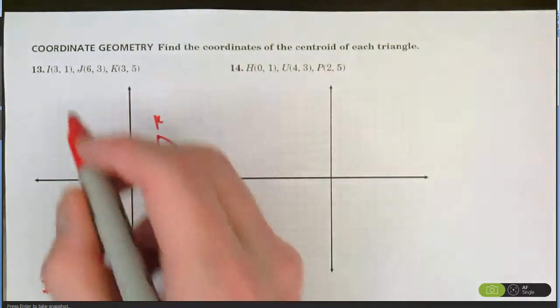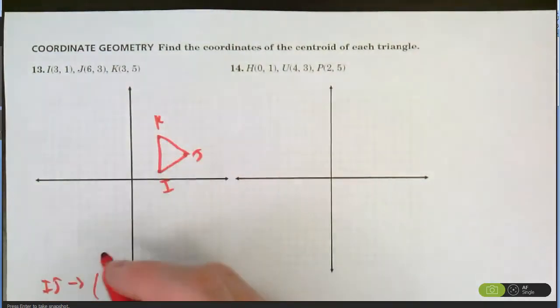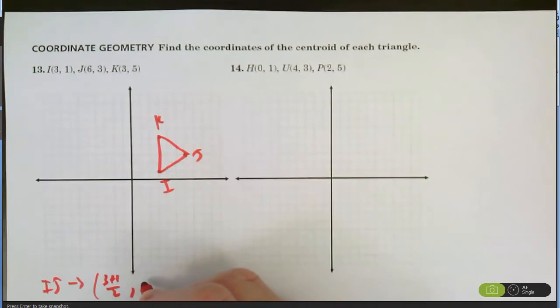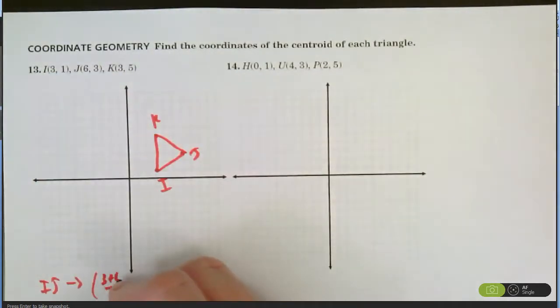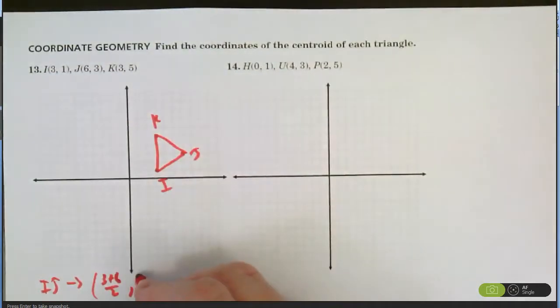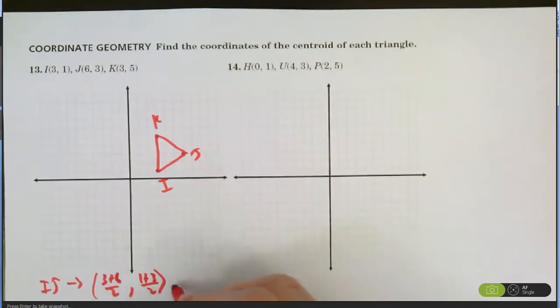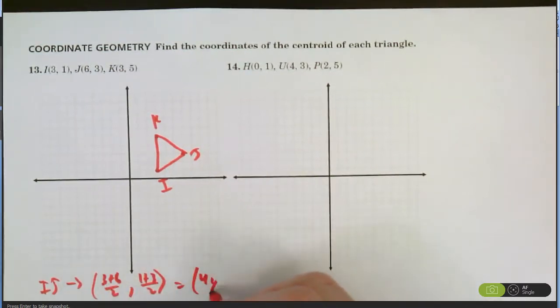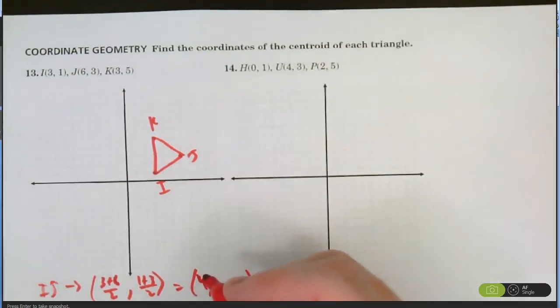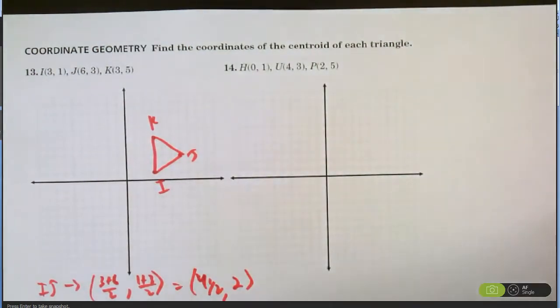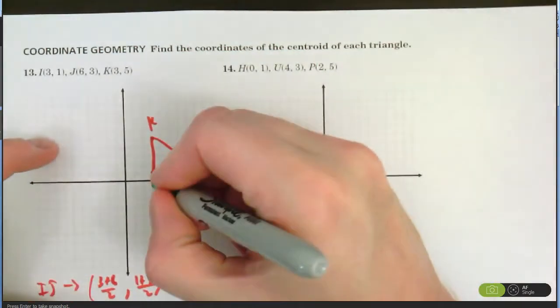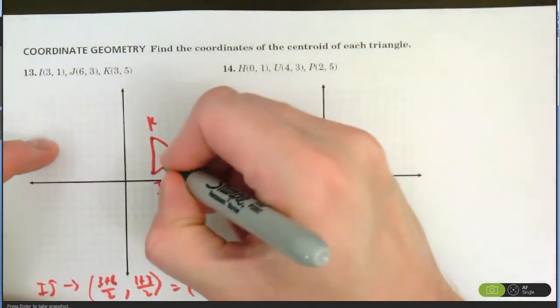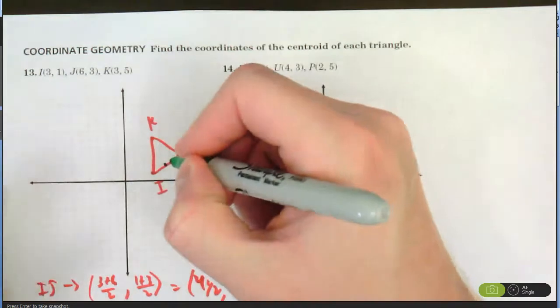Well, it's x plus x over 2, y plus y over 2. Oh, it's 3 plus 6. Come on, Mr. Moore. And then 1 plus 3. That's 9 over 2, so 4.5, comma 4 over 2, which is 2. So 4.5, comma 2. So here's over 4.5, up to right there.